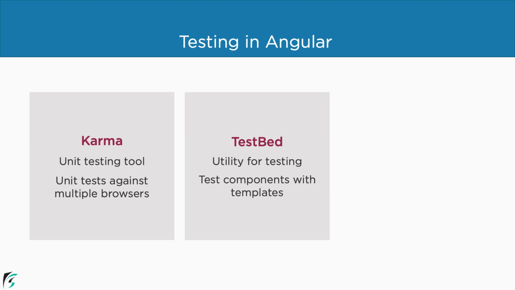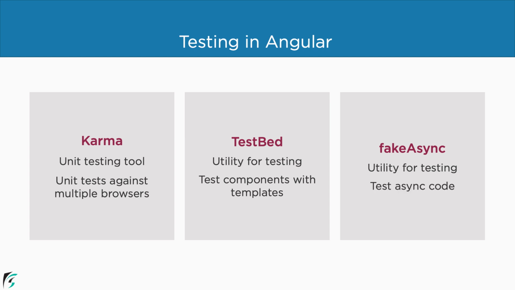Next are the fakeAsync utilities. These utilities use Zone.js to run asynchronous code as if it were synchronous, and thus making testing easy. With these testing tools, Angular's testing story is straightforward and fully featured.